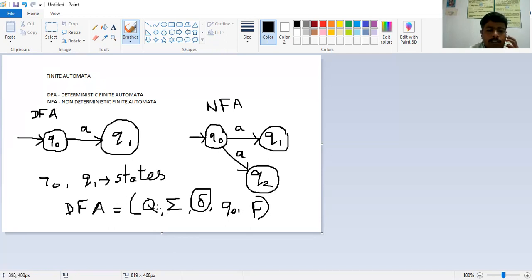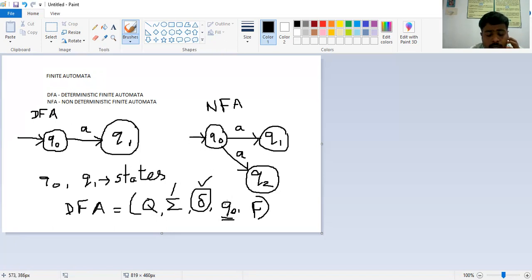Before that, I will say what all the symbols represent. This capital Q is nothing but the finite set of states. This is your input alphabet. This is the transition, that is, whenever we read the input symbol, where it reaches and where it comes from. That is what we refer to as the transition. This is your start state. Each and every transition diagram has a start state.